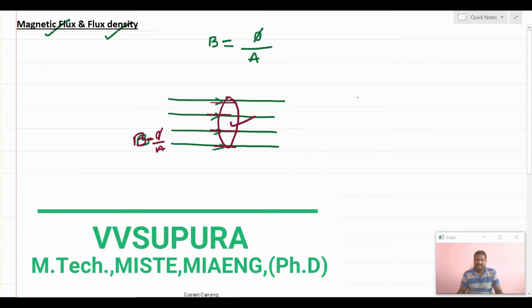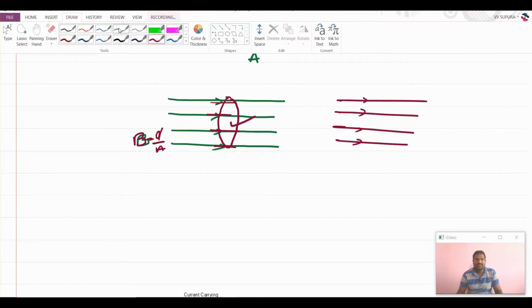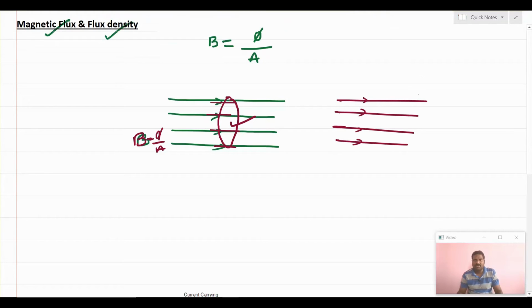Suppose in another case, this is our magnetic lines direction. Now suppose my coil is making an angle like this.